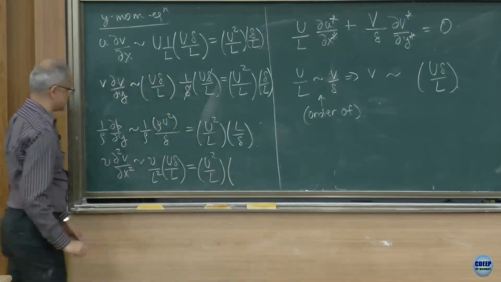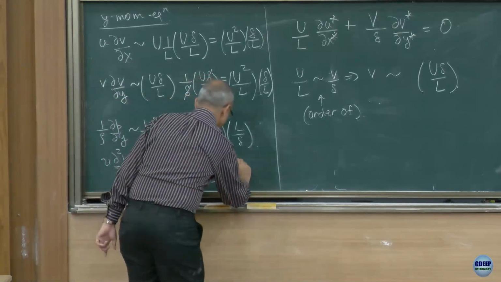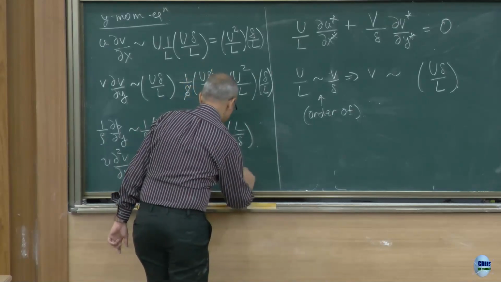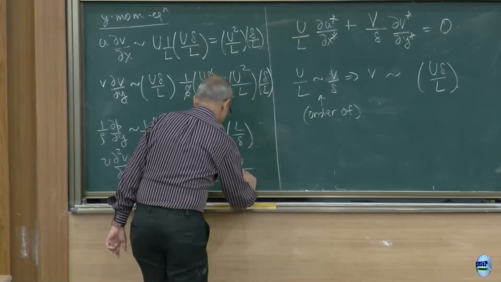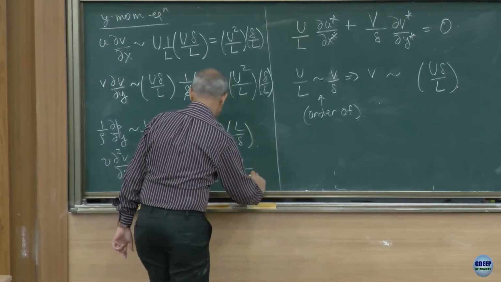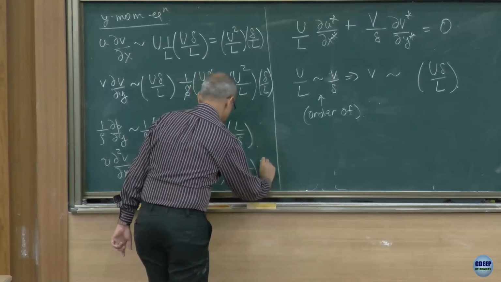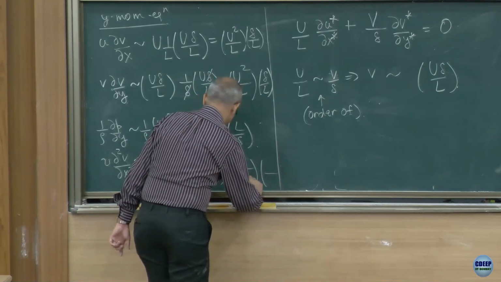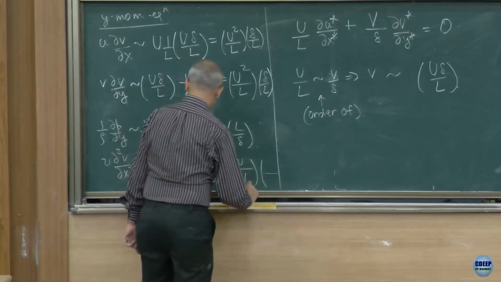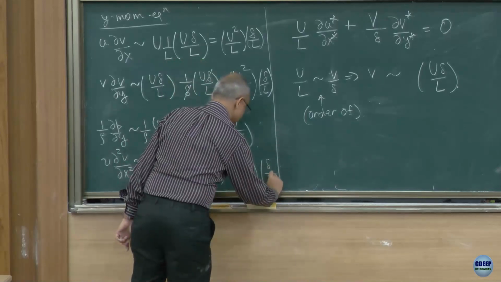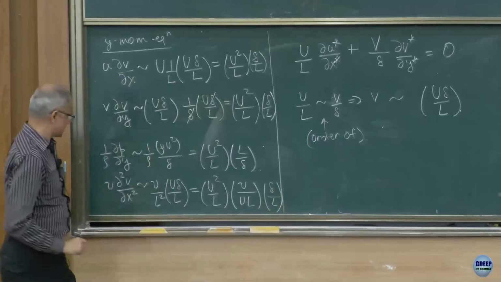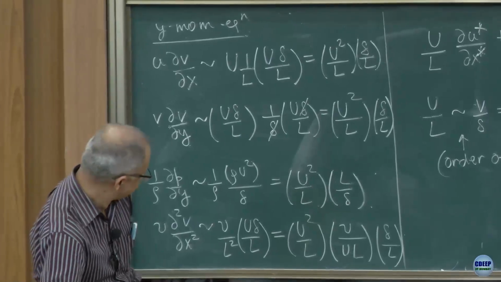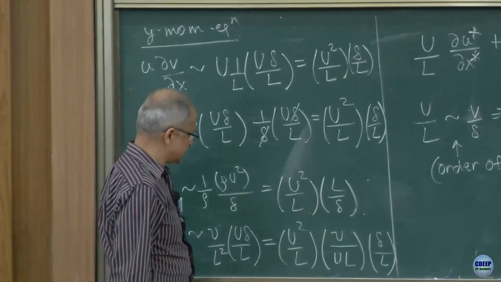So I get in the second part a nu upon u, and L square is already here. So let us put an L here, one L here. So then what am I left with? A delta by L. I hope I have done this correctly, right?